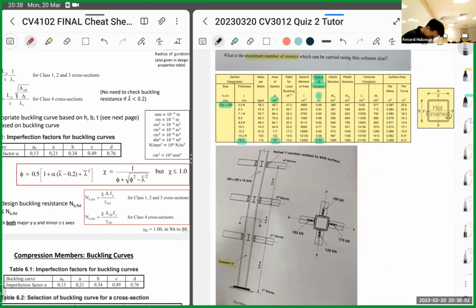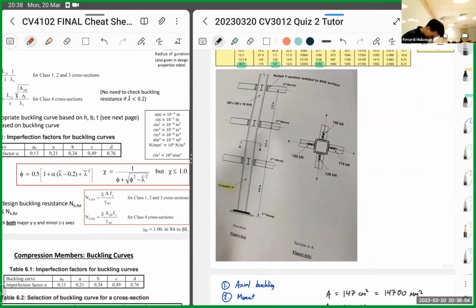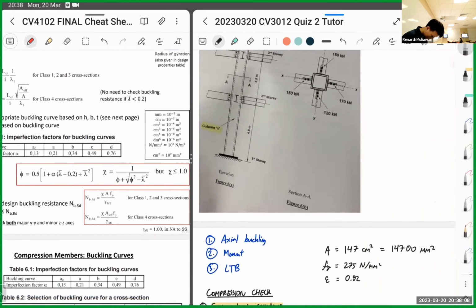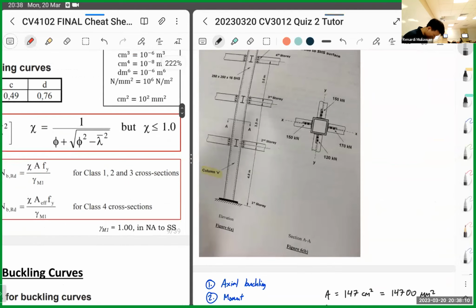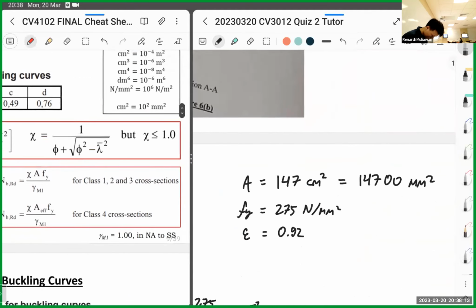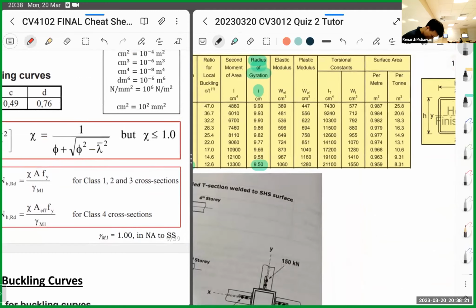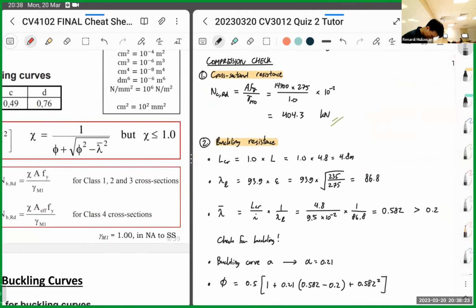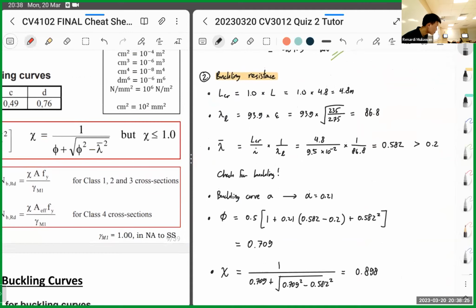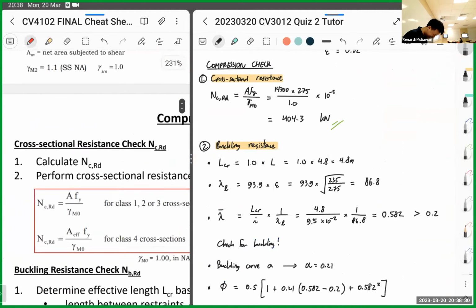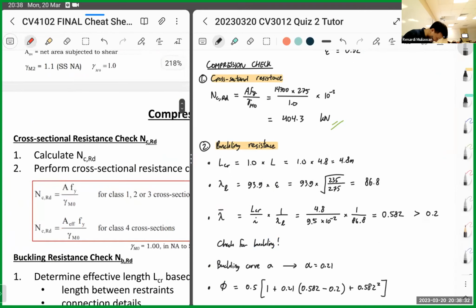So it's 147 cm squared. Cm squared to millimeter squared is 10 squared, so add two zeros. Fy is this thing. Epsilon is that thing. I haven't found the issue, guys.